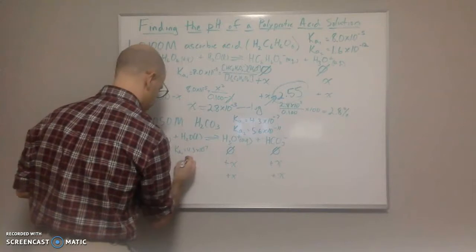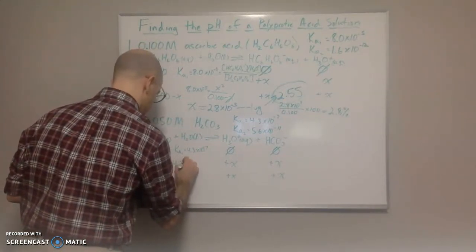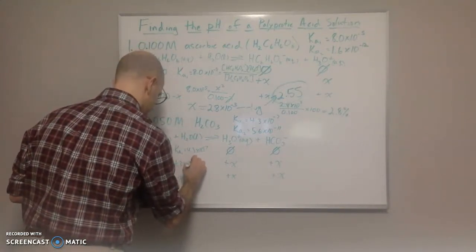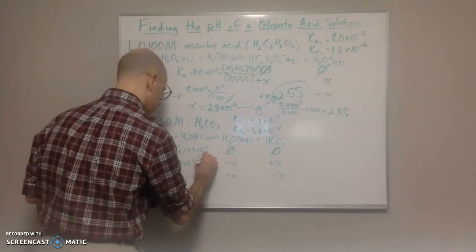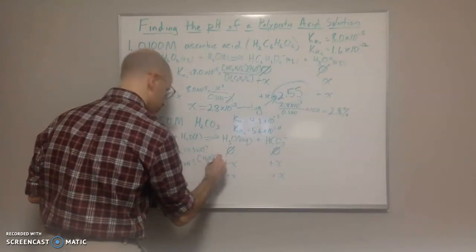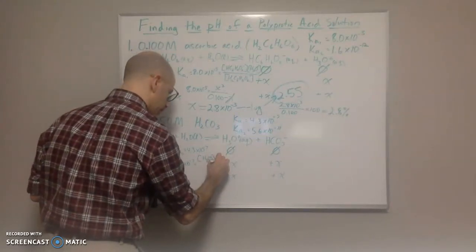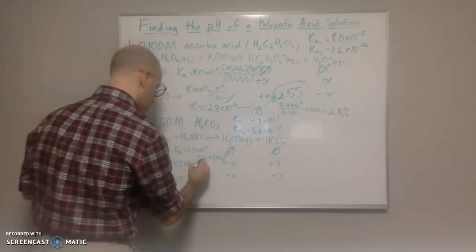So if we write this down here, this will be 4.3 times 10 to the negative 7 is equal to the concentration of H3O+ times the concentration of HCO3 minus all over.